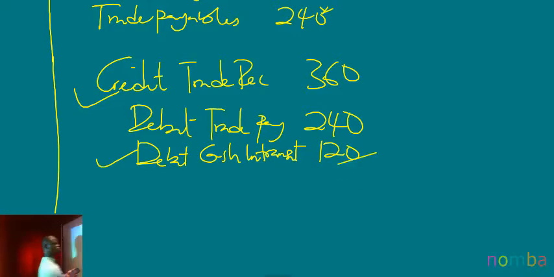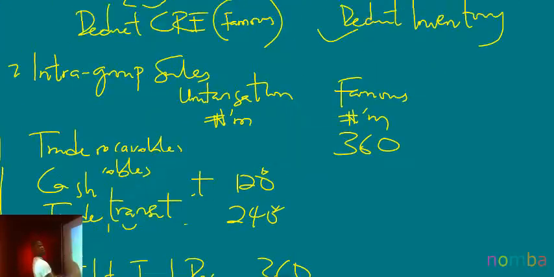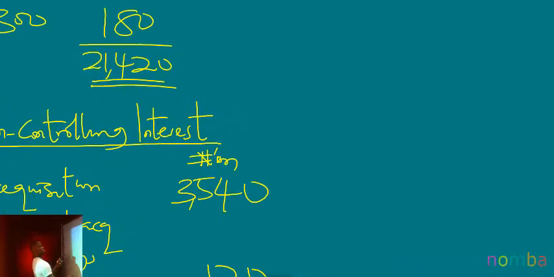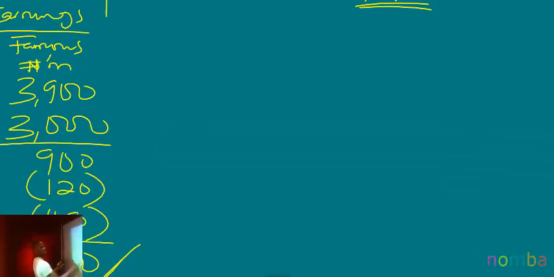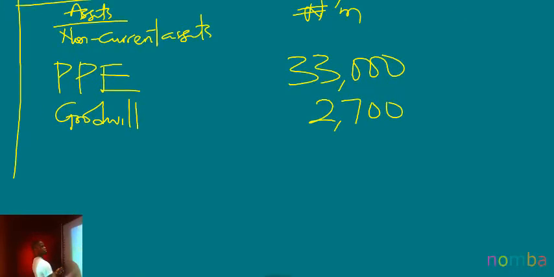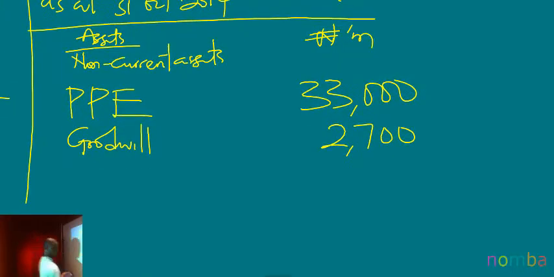Then you add this cash in transit of 120. That leaves me at 12,840. So we'll transfer 12,840 as part of my current assets. So I will have current assets.